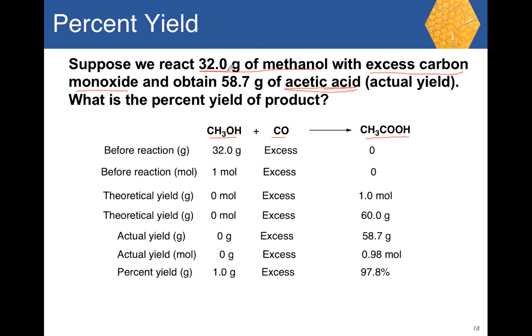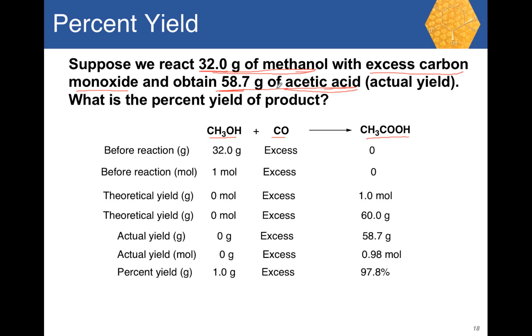So suppose we have 32 grams of methanol and your job is to obtain as much acetic acid as you can, but you obtain only 58.7 grams of acetic acid.